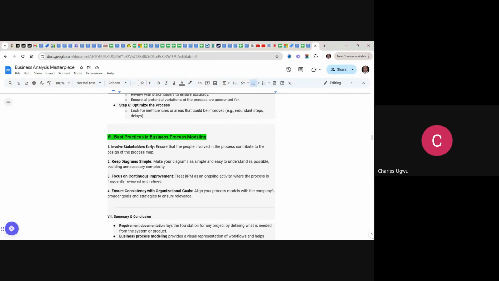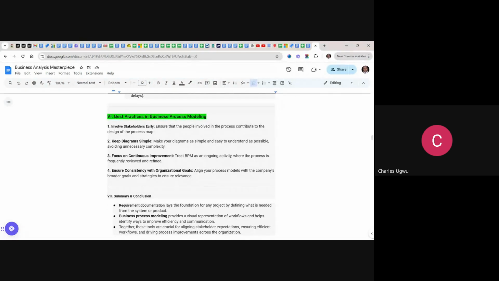So the next is focus on continuous improvement. Treat the business process model as an ongoing activity where the process is frequently reviewed and refined. The process of modeling is for constant review and refinement. You keep on improving the processes within the model or within the map.